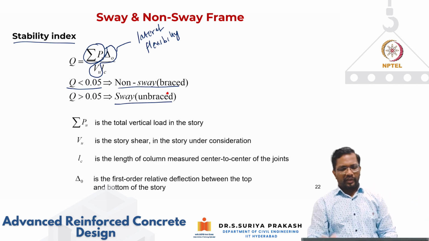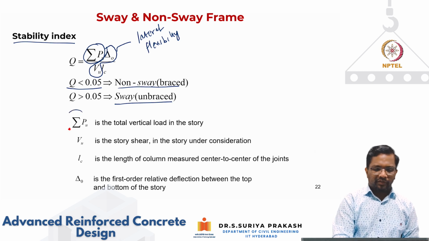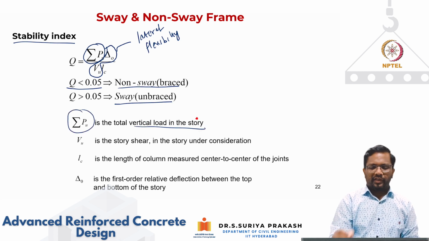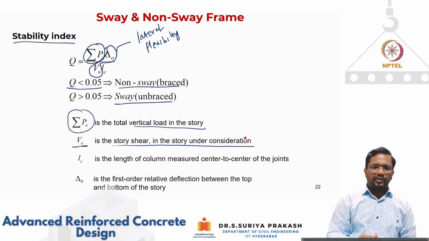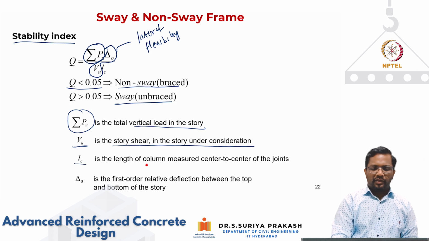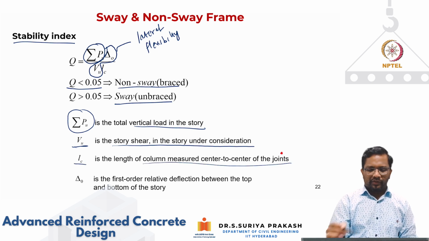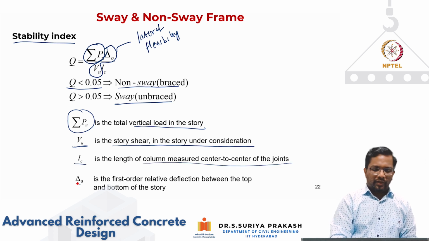Now, the summation of PU is the total vertical load acting on the story, and VU is the total story shear in the story under consideration, and LC is the length of the column measured from center to center of the joints, and delta naught is the first order relative deflection between the top and bottom of the story.